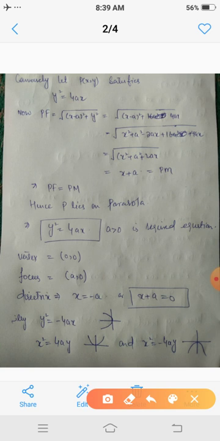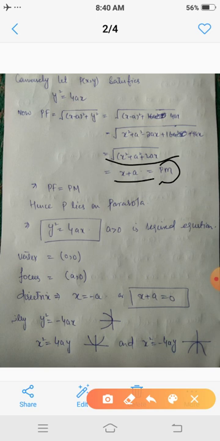Then PF, the distance of this point from the focus, by using the distance formula, is simply given by the root of x square plus a square plus 2ax. So simply we can write x plus a.